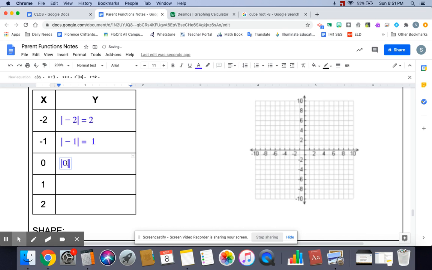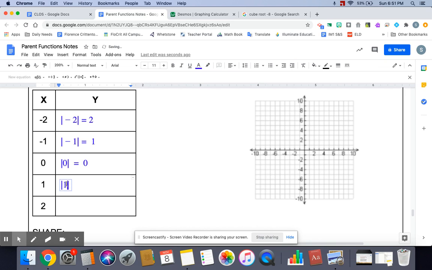Plug in 0. +0 is just 0. Plug in 1, what do you think the answer is going to be? Stay +1 because it's already positive. But the answer ends up being positive no matter what's in there. So the answer to this one is 2.